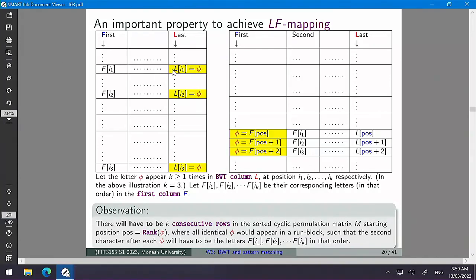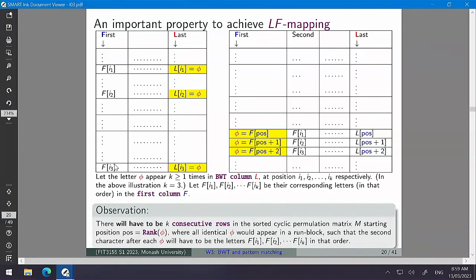Because last precedes first, there will be some character in the first column of the cyclic permutation, isn't it? And that could be any character, really, this and that. So can you tell me the order in which, if I have to sort them, do you agree that this has to be less than or equal to this, has to be less than or equal to that? Those letters have to be lexicographically ordered because it's a sorted column, the definition of sorting.